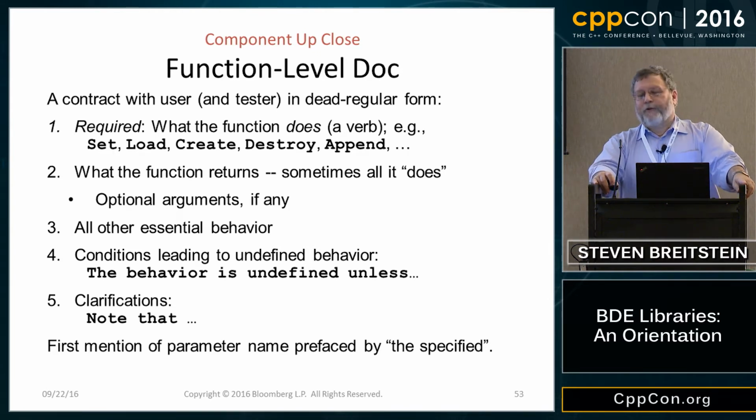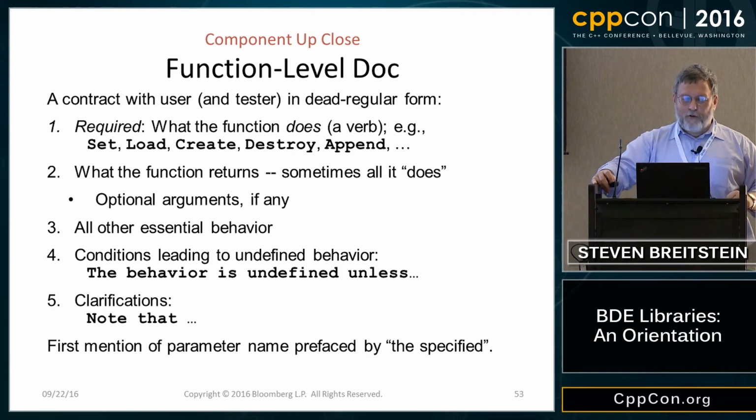So we have a dead regular form for writing this documentation. The first thing we say is what the function does. It's always a verb. It's done in the imperative mood, as if you, the reader, invoking the method, are commanding the object to do something. You will set, or you will load, or you will create, or destroy, and so forth.